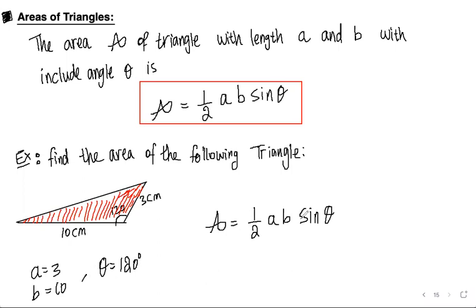Just plug it into this formula, so I get the area equals 1/2 times 3 times 10 times sine of 120. Now the same thing as before: what is the sine of 120? We have to find the sign, positive or negative, and we have to know the reference angle of 120. So we're going to do it in the back.